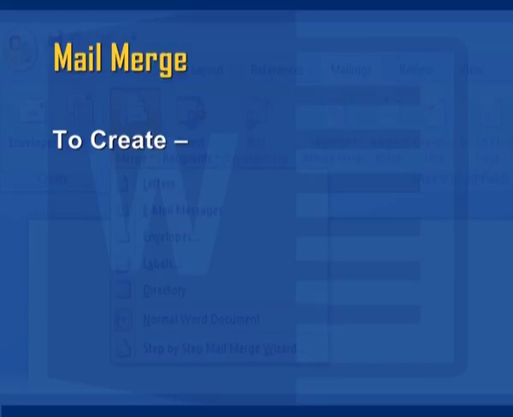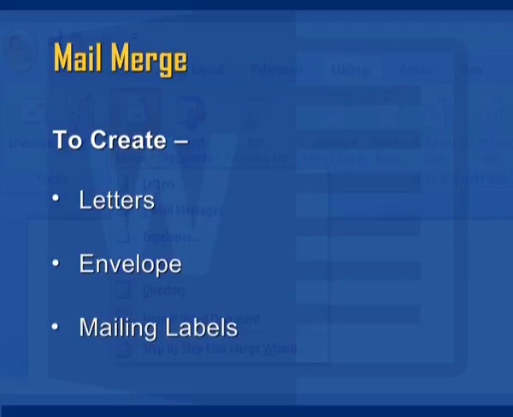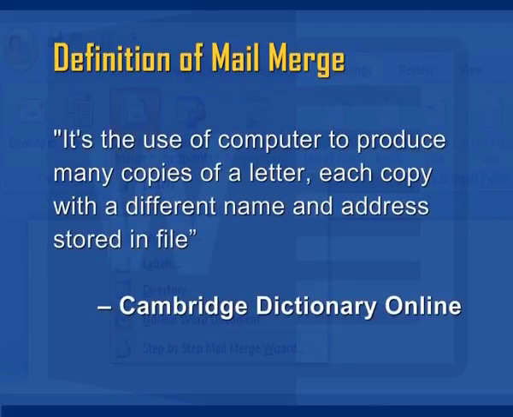The objective of this session is to learn how to use mail merge to create letters, envelopes and mailing labels. As defined in the Cambridge Dictionary Online, mail merge is the use of a computer to produce many copies of a letter, each copy with a different name and address stored in a file.